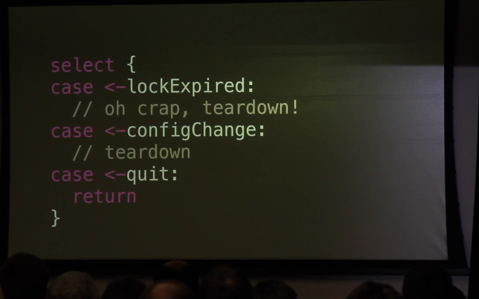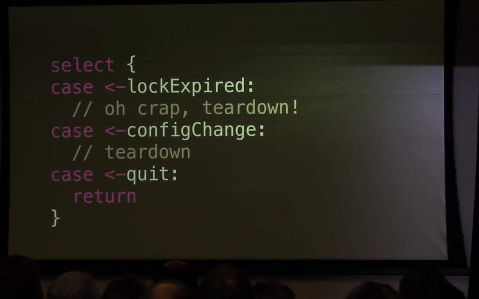So you might want to, again, block on a channel, and if we quit, shut down. If we get a configuration change, reconnect. But also if something fiddles with our lock and that expires, then we want to immediately stop doing things. So we'd want to unblock, stop our work, and reconnect. So we can tear that down, and that works quite well.